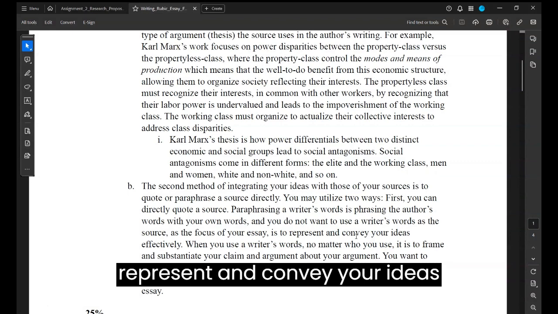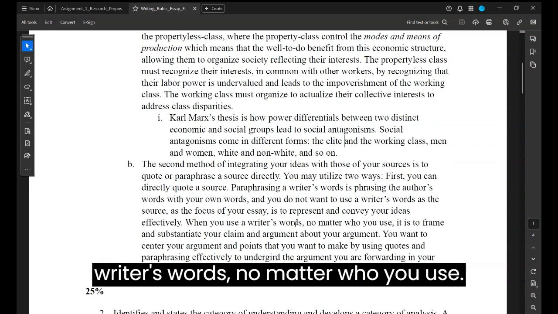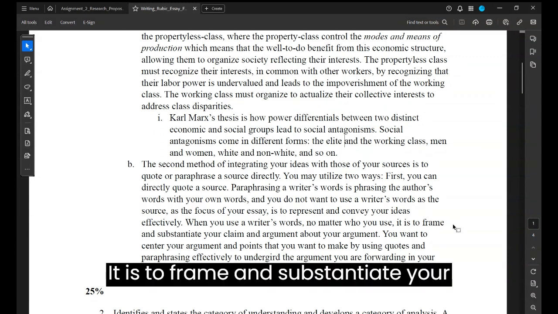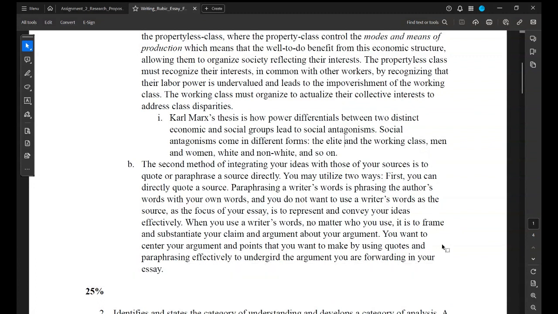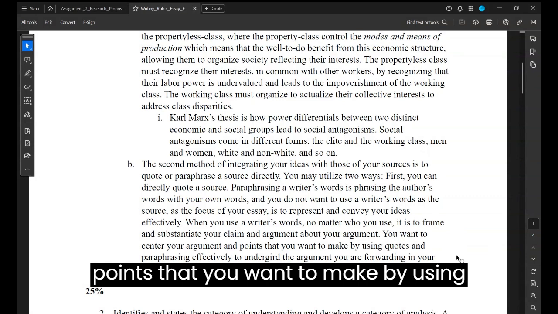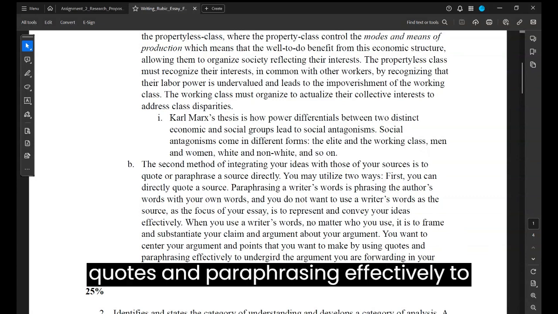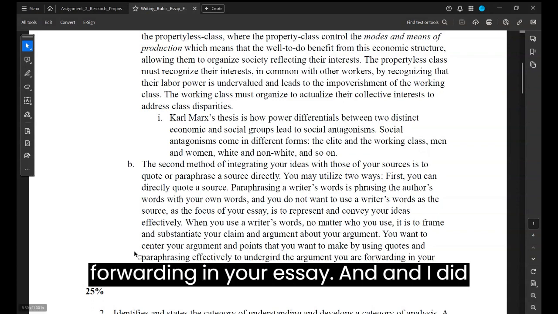It is to represent and convey your ideas effectively. When you use a writer's words, no matter who you use, it is to frame and substantiate your claims and arguments. You want to center your argument in the points that you want to make by using quotes and paraphrasing effectively to undergird the argument you are forwarding in your essay.